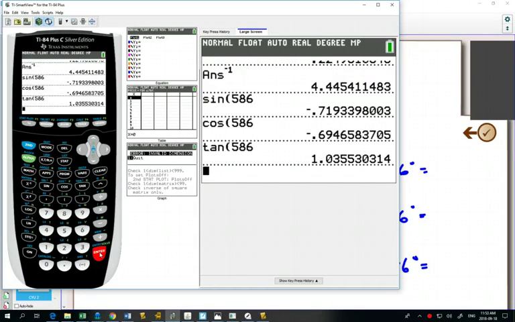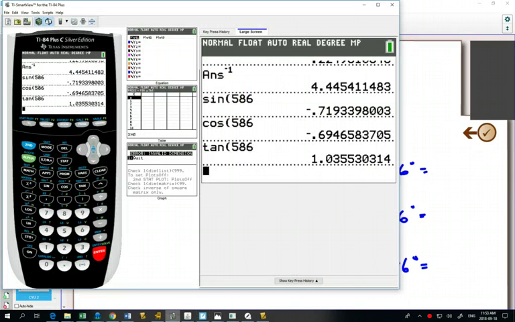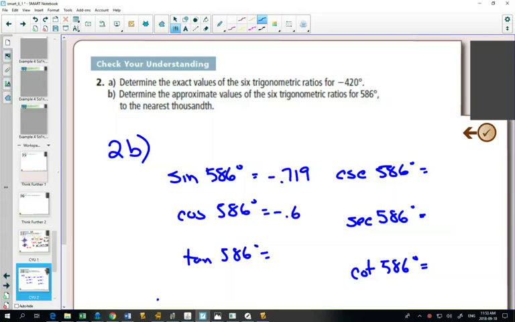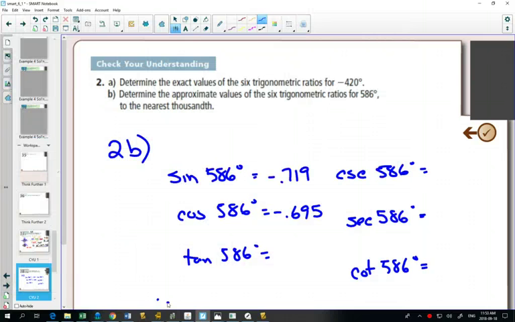Negative 0.719, negative 0.695, and 1.036. All of those answers are to the nearest thousandth.